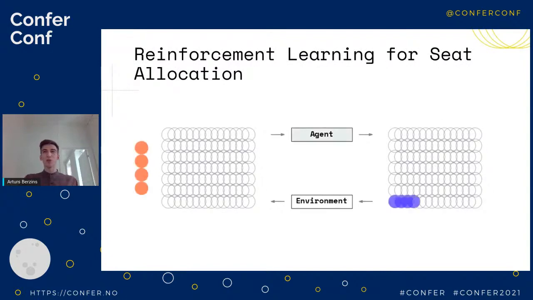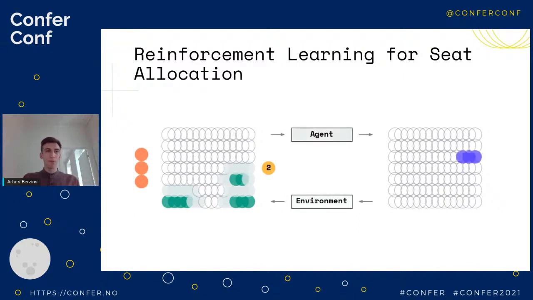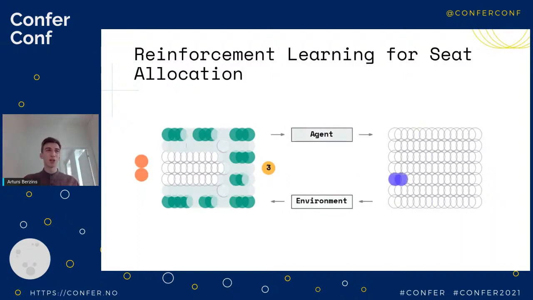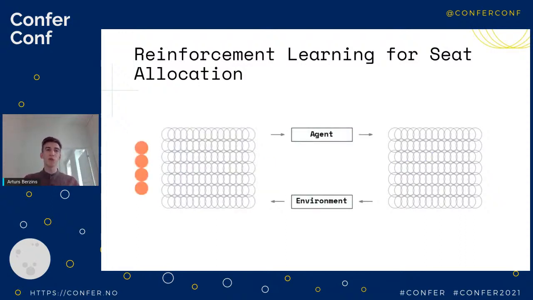So how does this problem look in our case? In the seat allocation case, our state is completely described by the auditorium, which consists of fixed seats. These can either be empty, marked as the empty bubbles, or filled with people, or they can take the role of a buffer seat.